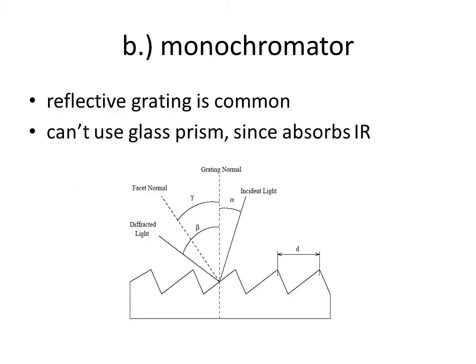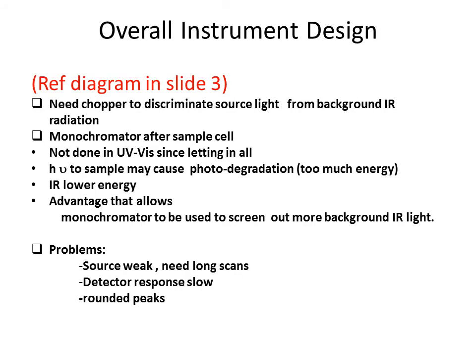Then the next important is the monochromator. A reflective grating is common. Actually, we can use either a slit or a prism, but here the reflective grating is common, and we can't use a glass prism since it absorbs IR. So we'll be using the slit here.